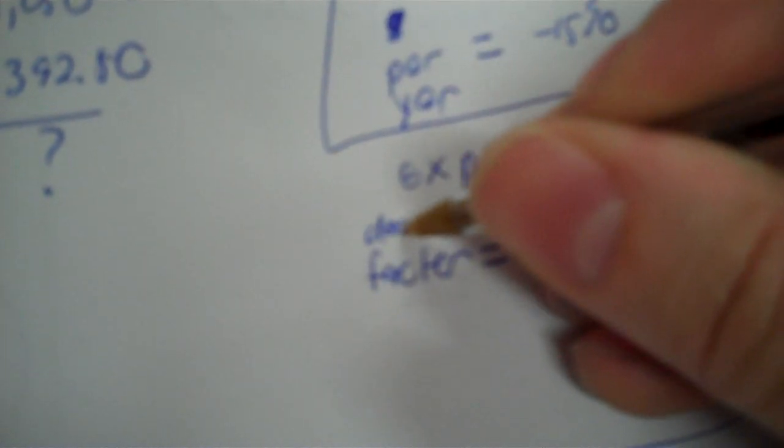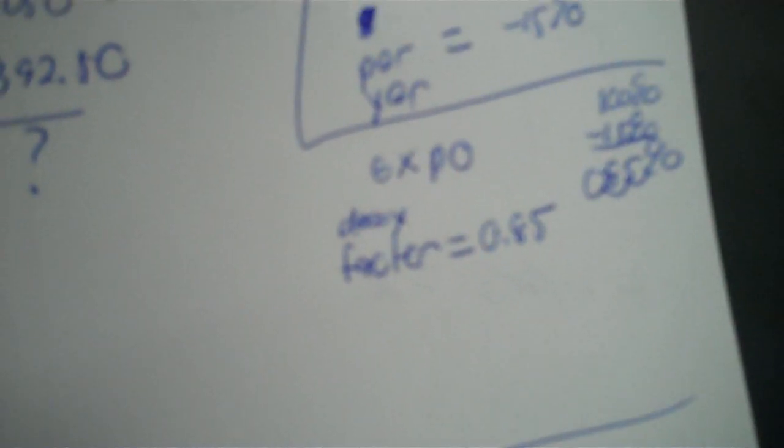Okay, and I'm going to write in words what these mean right here. By the way, this is called a decay factor. It's a growth factor if you add it. So again, A is where the Y starts. Where does Y start?